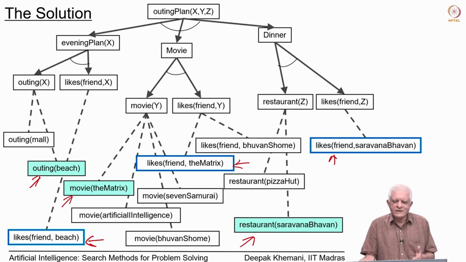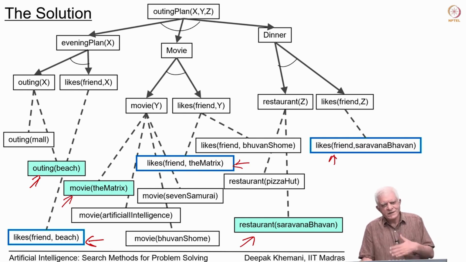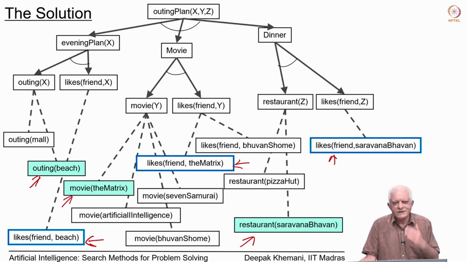Especially if you are writing a recursive program, the base clause must always come first and then the recursive clause, because Prolog will first check the base clause and then go to the recursive clause if the base clause fails. If you had written the recursive clause first and the base clause afterwards, it could just get locked into an infinite loop in the recursive clause itself essentially. Keep saying that this is true if this is true, that is true if the next thing is true and so on, never reaching the base clause.